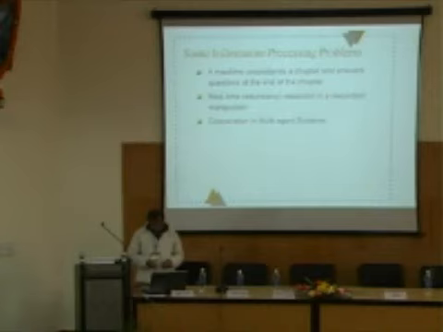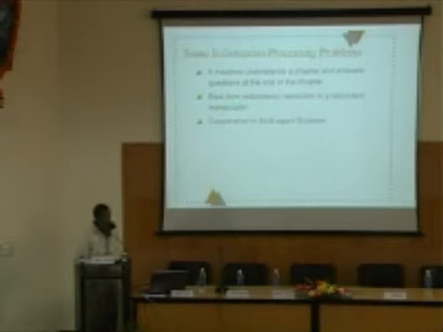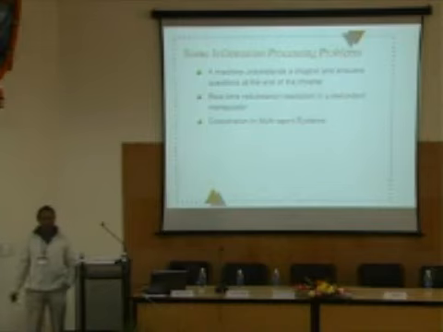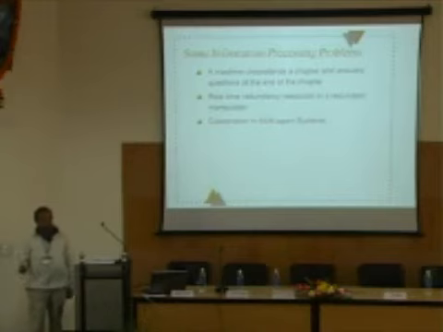Similarly, another work we are also doing is real-time redundancy resolution in a redundant manipulator. Like I have a hand which is redundant, and for example, if I want to touch my nose, I have unlimited ways by which I can touch it.